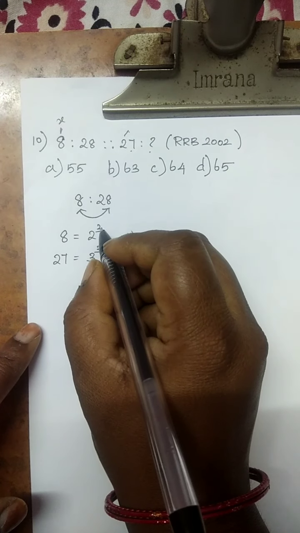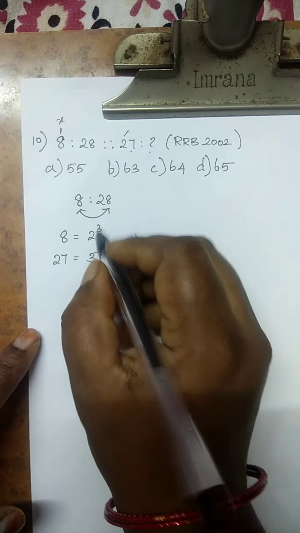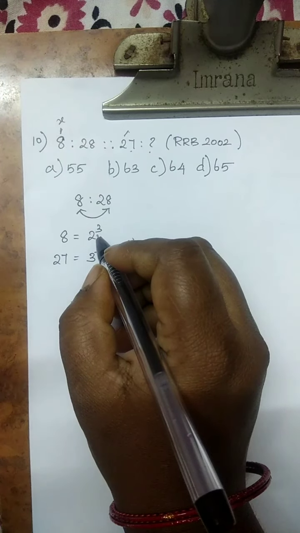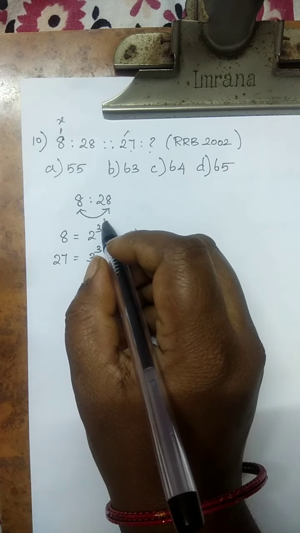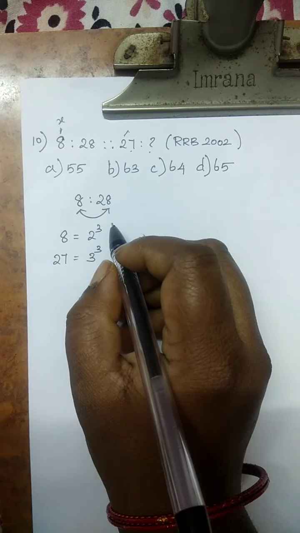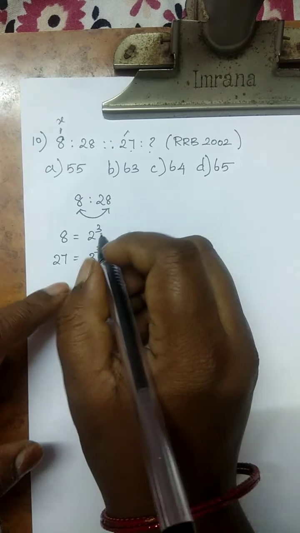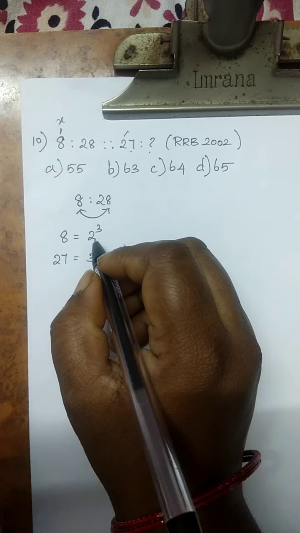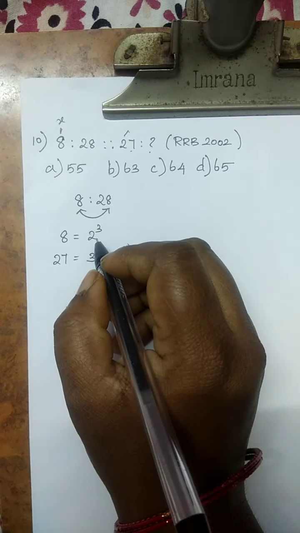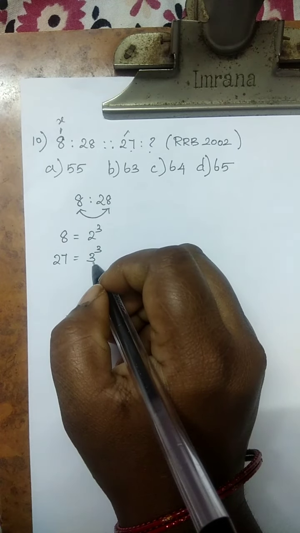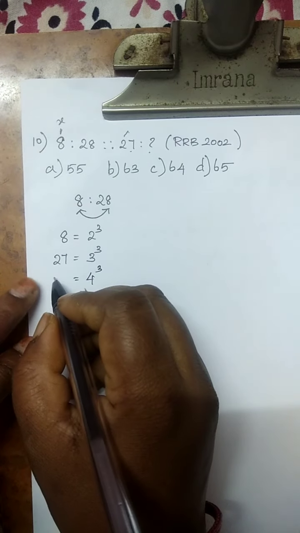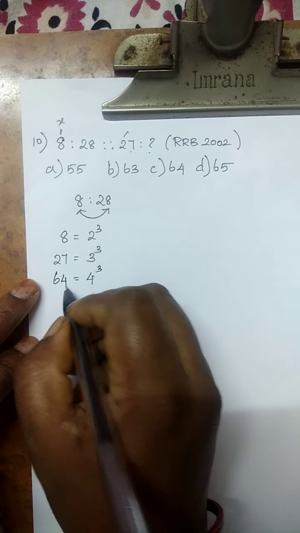So using this 2, by adding or subtracting some numbers or making a cube, we will get 28. We have to find out what that is. Next to 2 cube and 3 cube comes 4 cube, which is 64.